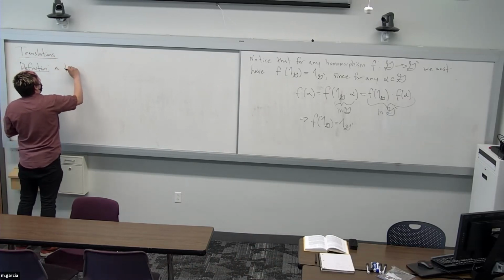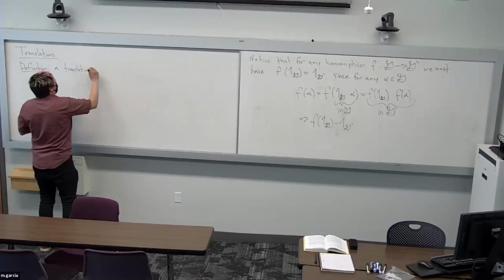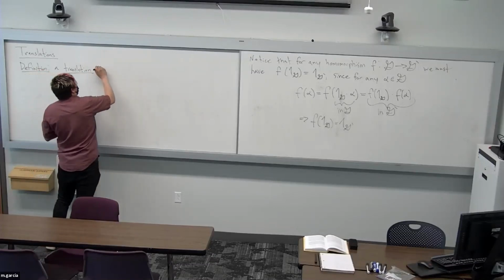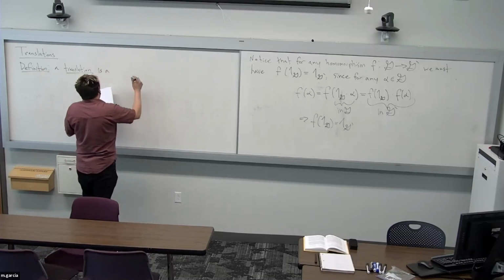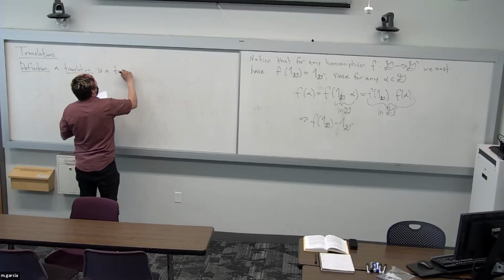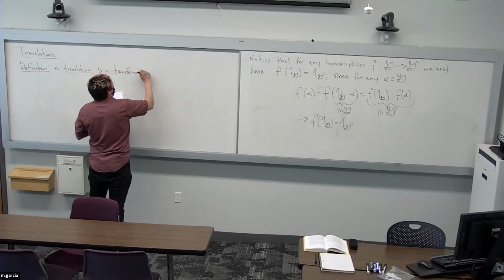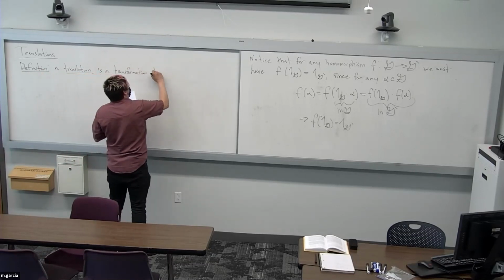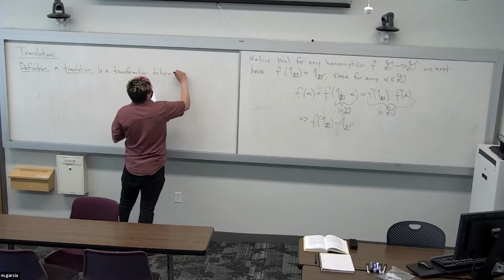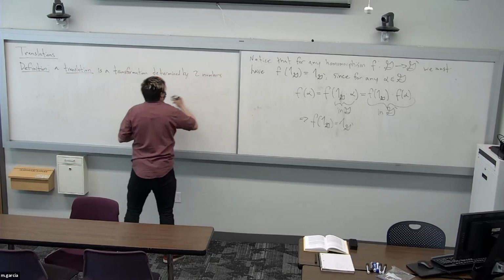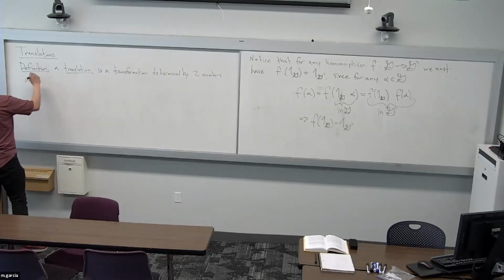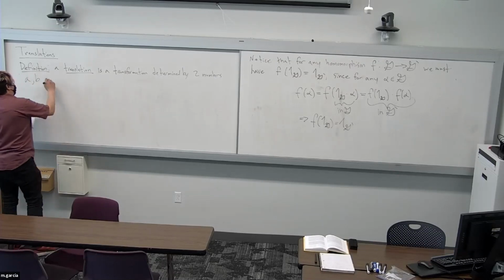A translation is a transformation determined by two numbers, a and b, as follows.